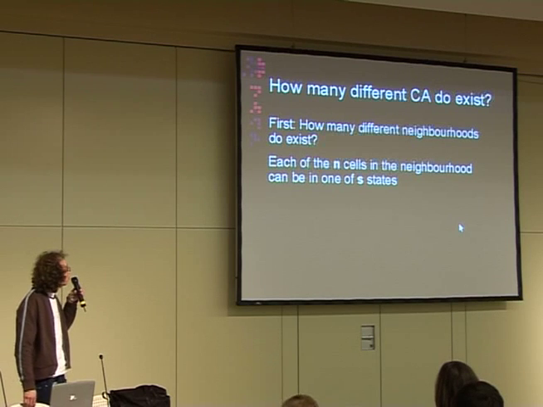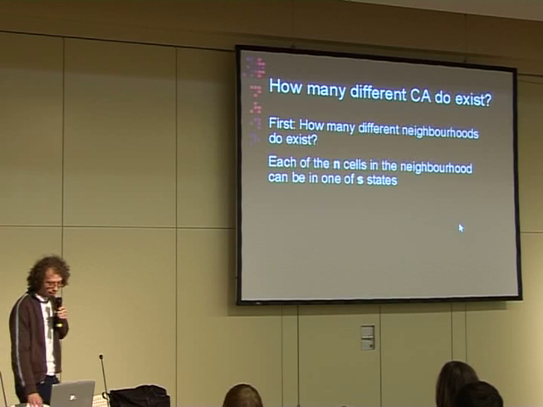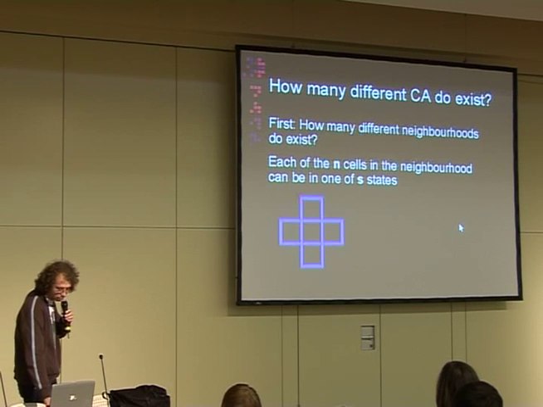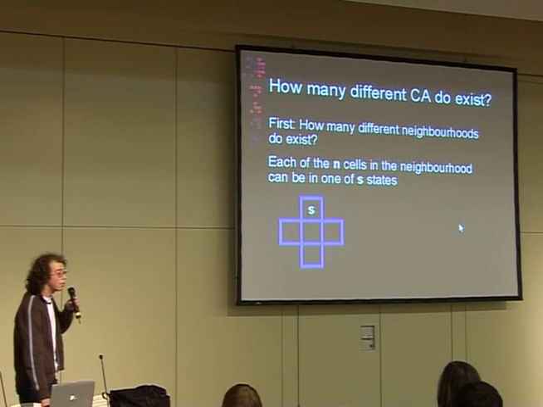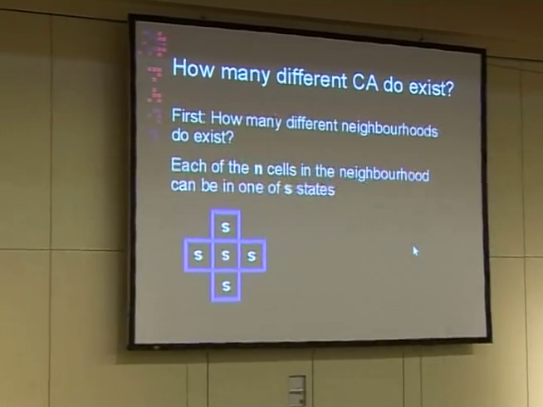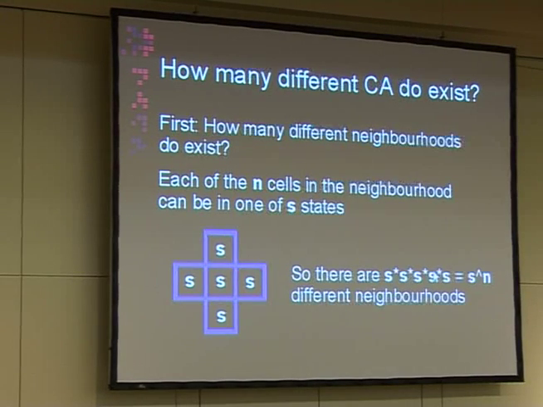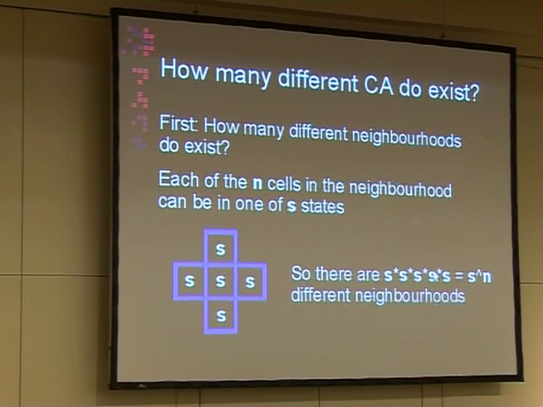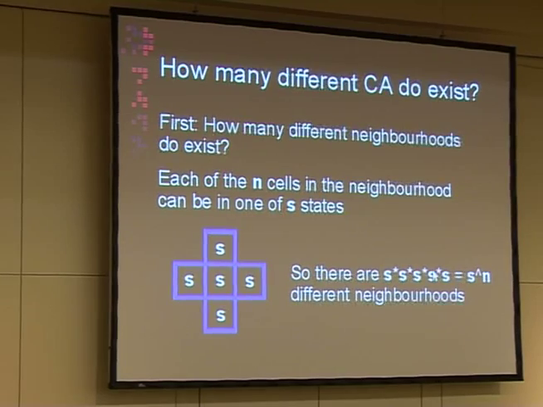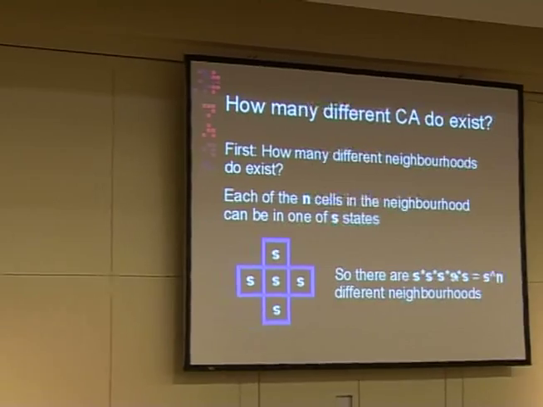Each of the n cells in the neighborhood can be in one of S states. So this can be in one of S states, and this too, and this too. So there are S times S times S, S to the nth power, different neighborhoods. It's analogous to numbering systems with the base S, so it's easy to calculate.